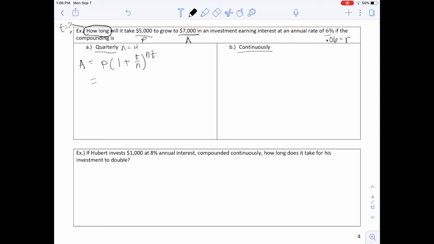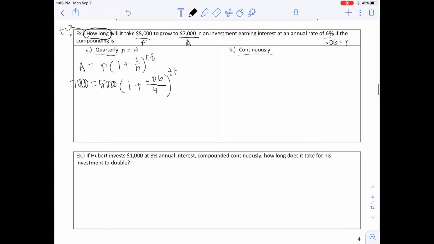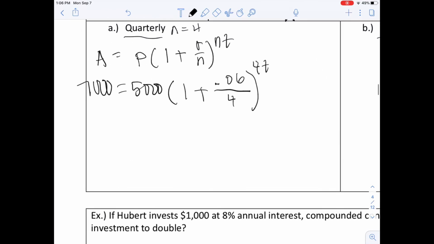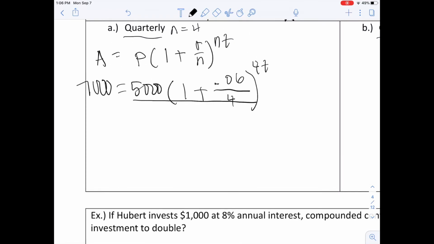So substituting in our values, we have A is 7,000, P is 5,000, 1 plus r, which is our rate, 0.06, n is 4 since it's quarterly, and then we have 4 times t, and t is the value that we do not know. Going ahead and simplifying this, I'm going to zoom in. I'm going to divide both sides of my equation by 5,000.